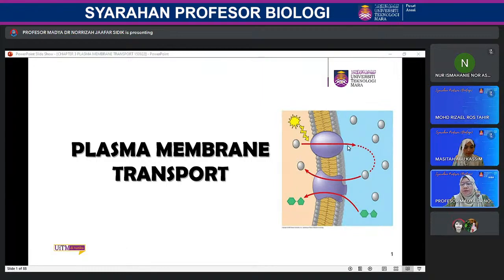The solutes can be ions or small molecules, and they will move across or through the plasma membrane here, which is the lipid bilayer, and it has proteins embedded in it. So this is only a general view, right?